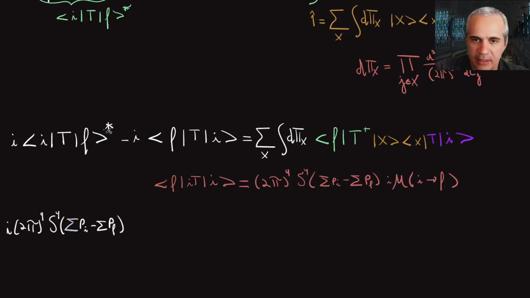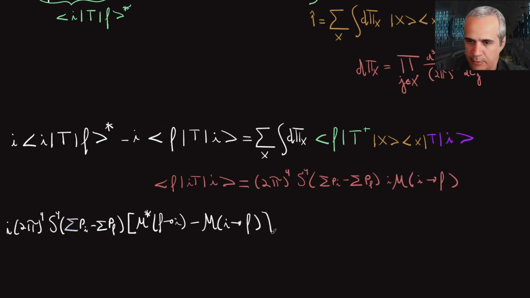And then this complex conjugate will hit this M right here, and so these will become just M star. And now it matters, right? This is going from F to I. And the other part here is the usual M, I to F. So this is the left-hand side of this equation.